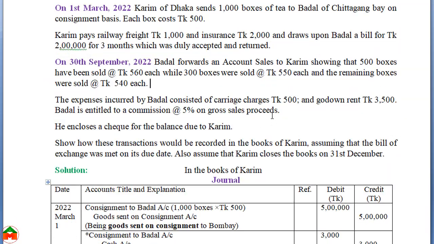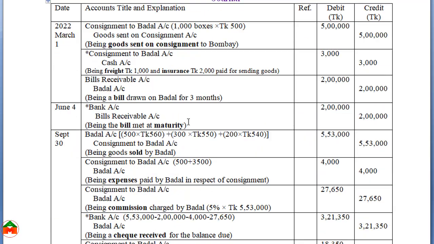So for this information, whenever the sales are done, Mr. Badal, the consignee account, debit. We can see 500 bucks at the rate of 560, 300 bucks at the rate of 550, and 200 bucks at the rate of 540.